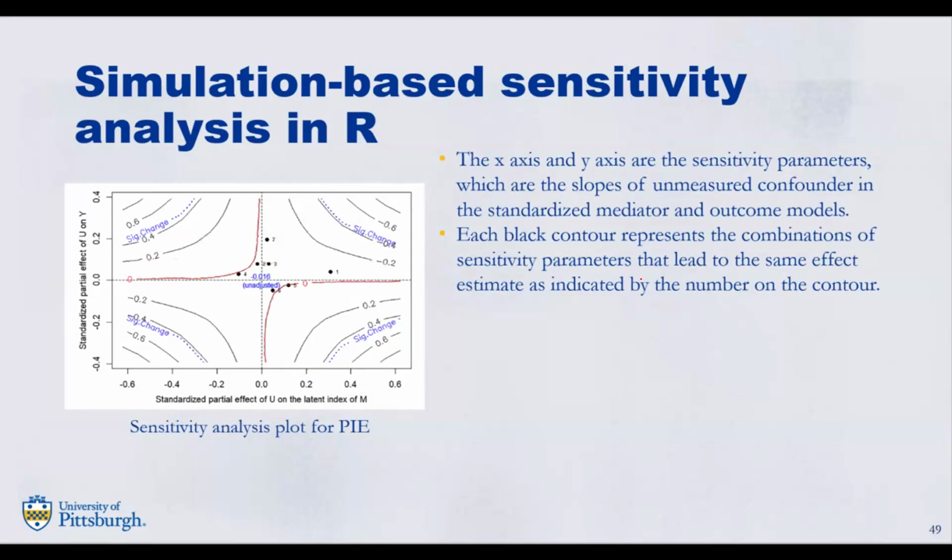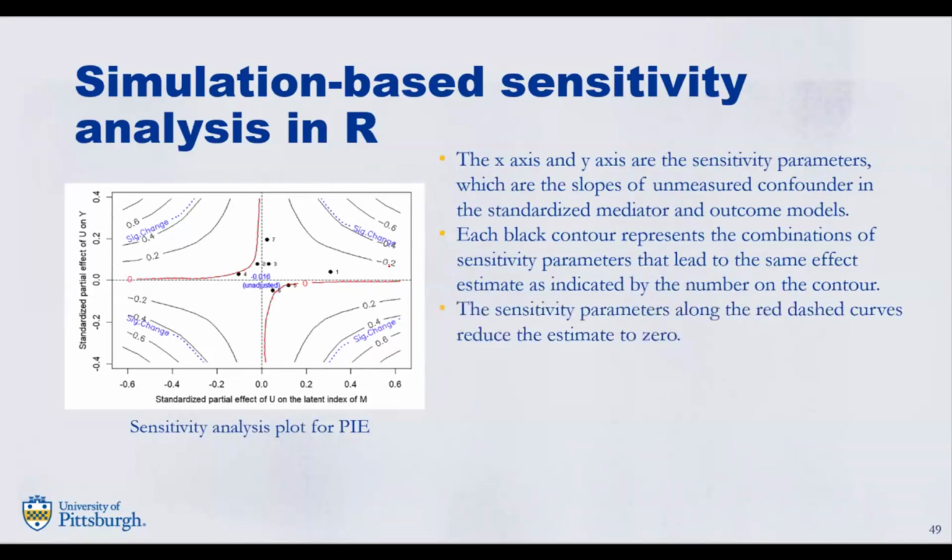I hope this illustration helps you have a better idea about the second bullet point. That is, each black contour represents the combinations of sensitivity parameters that lead to the same effect estimate as indicated by the number on the contour. The number on the contour represents the effect estimate with adjustment for the unmeasured confounder at the corresponding sensitivity parameter values along the contour.